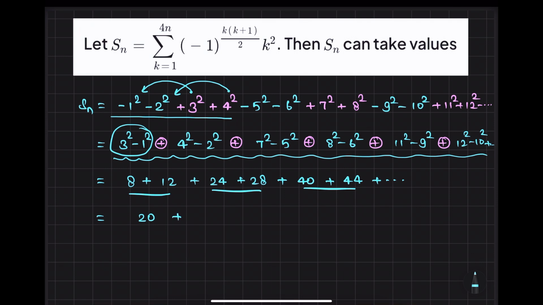I will add these two things, so it will become 52. These two things will become 84. Now at the earlier stage we are having 4n terms. At this stage we are having 2n terms, as you have clubbed again, so at this stage we are having n terms, correct?